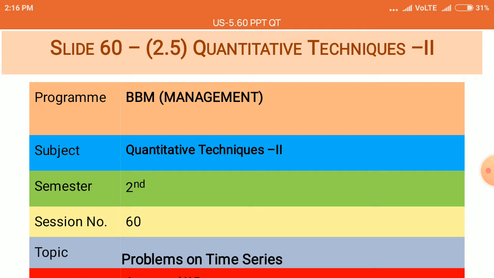The statistics field has developed techniques for analyzing not only static conditions but also dynamic conditions. From the comparison of the past data with the current data, we may seek to establish what development may be expected in future. Therefore, the analysis of time series is done mainly for the purpose of forecasts and for evaluating past performance.